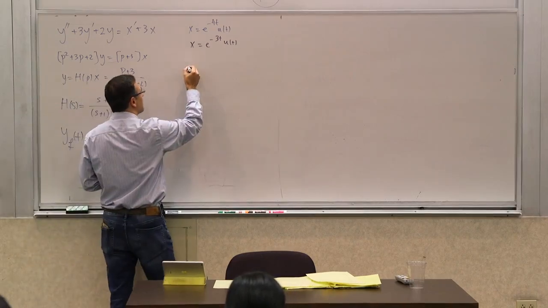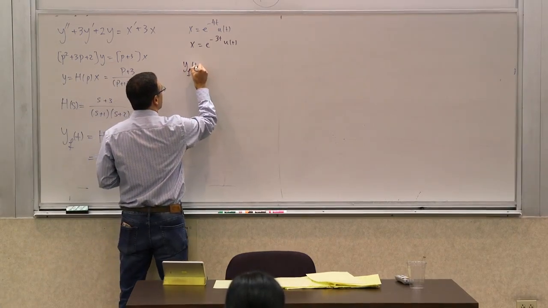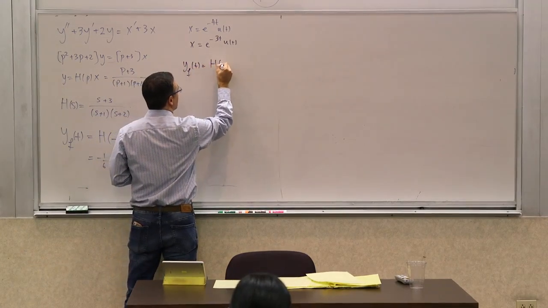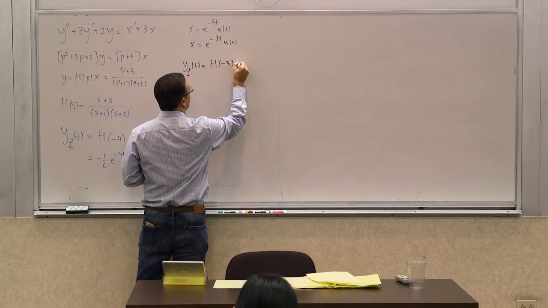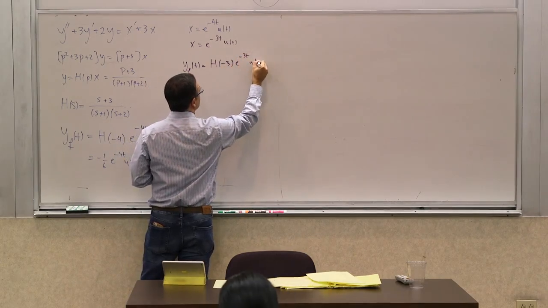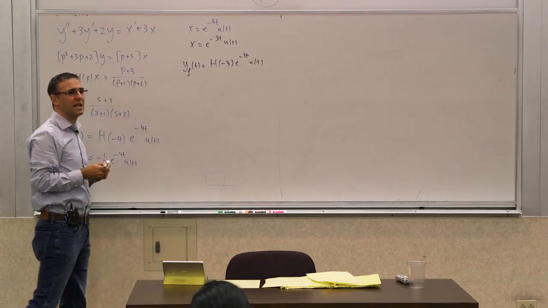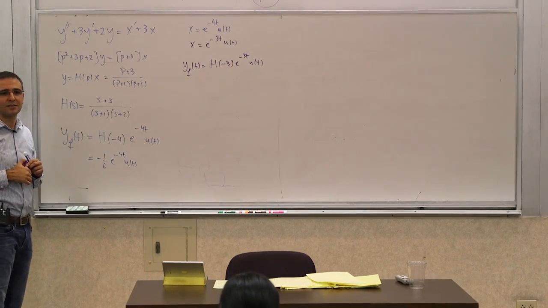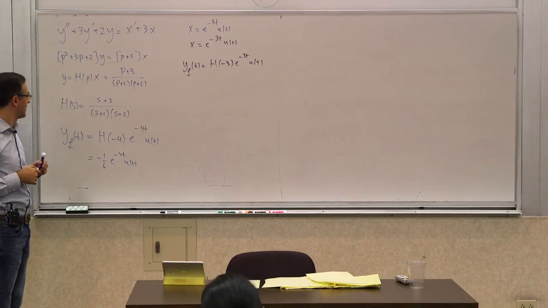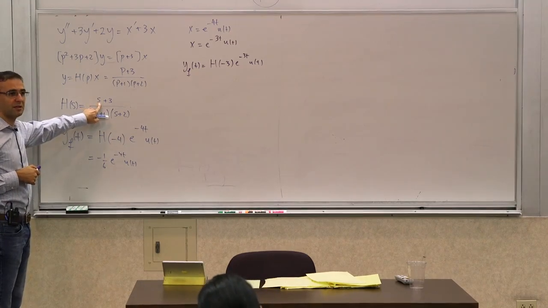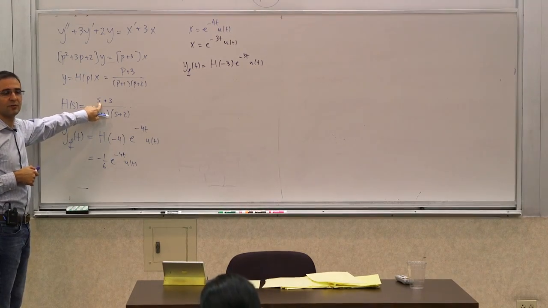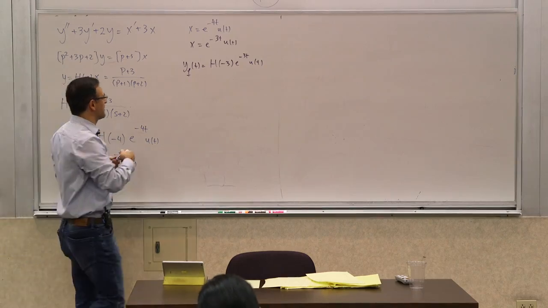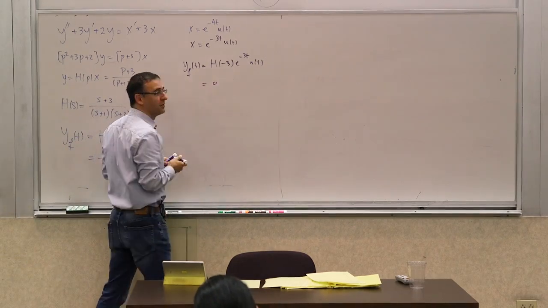The forced response is H of negative 3 times e to the negative 3t u of t. So what is H of negative 3? It's 0, right? If I put negative 3 here, it's the root of the numerator. The forced response is 0.